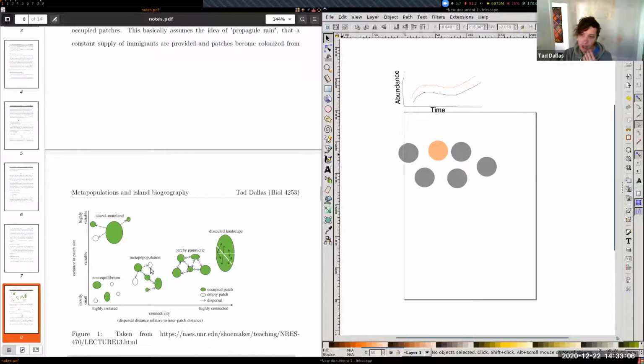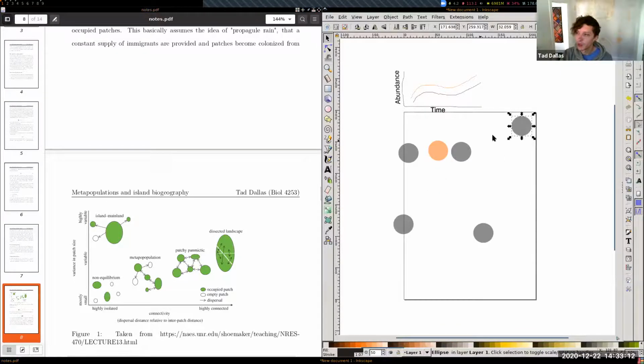As we go the other way, as you get more isolated and you have low variance in patch size, you get what they call a non-equilibrium metapopulation, which is not really a metapopulation, because each one of these patches is basically its own subpopulation, where dispersal is not really connecting them.